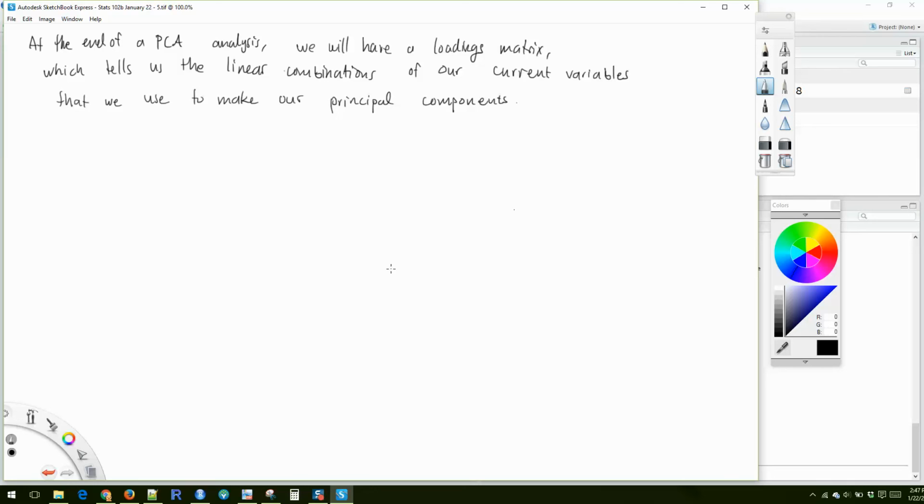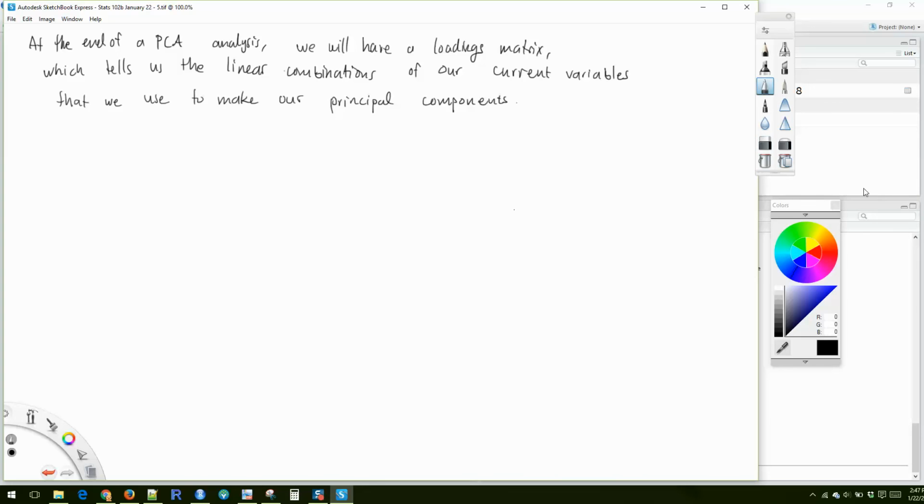You can then use your results to get back to the covariance matrix, and then you'll have the loadings. The loadings matrix tells us the linear combinations of our current variables that we use to make our principal components.